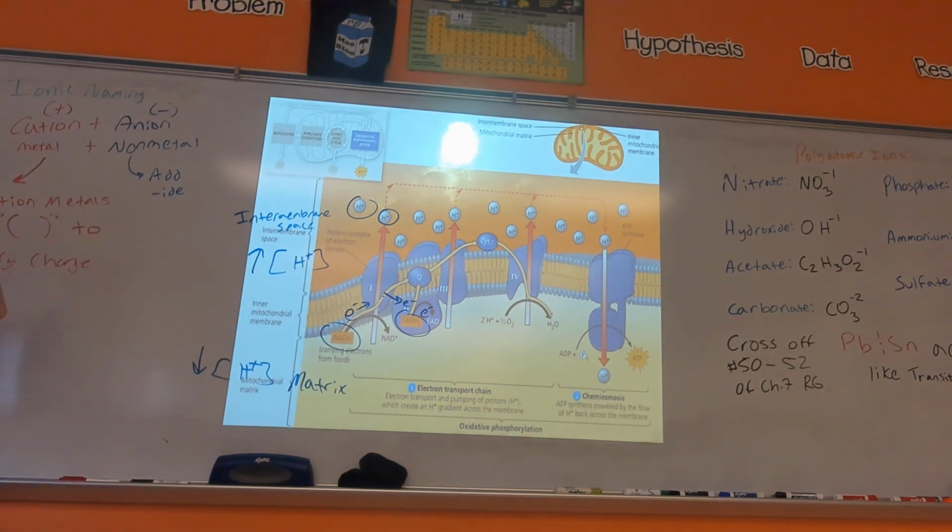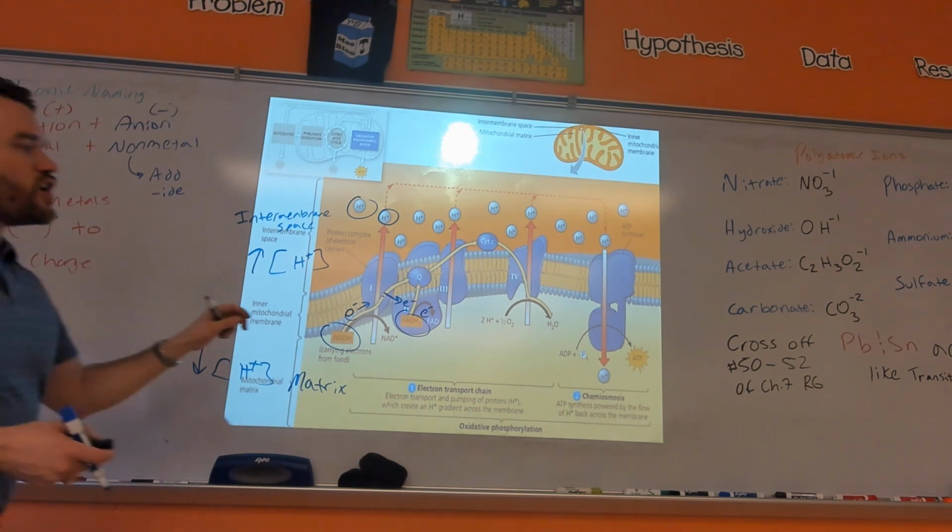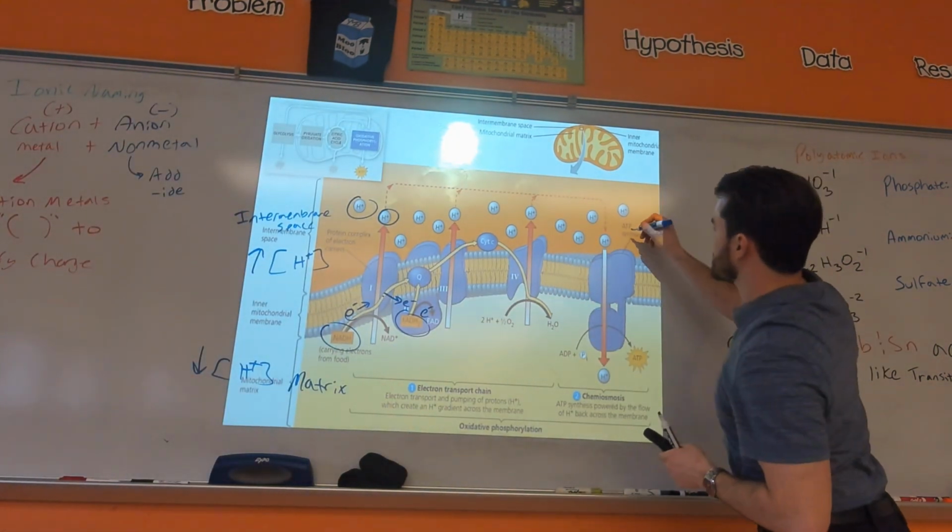Now, we talked about diffusion. The basic idea of diffusion is things want to go from more to less. These hydrogen ions want to go from where there's more of them back into the matrix of the mitochondria where there's less of them. The only way they can get back into the matrix is through ATP synthase. I told you ATP synthase, that's what this is right here.